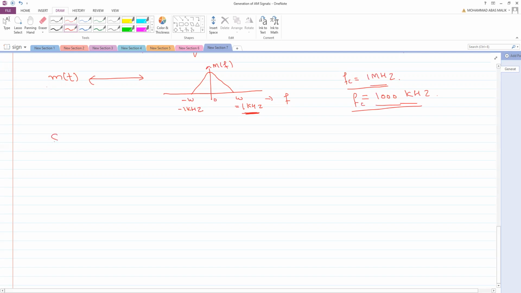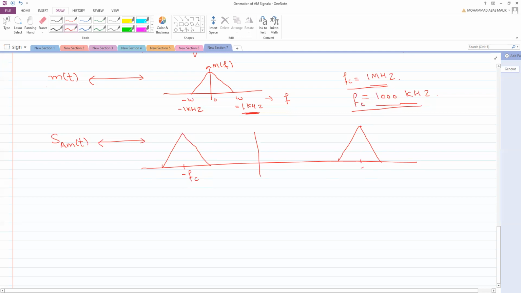So finally, when you get s of t, you will see a graph like this. And this will be your minus FC.